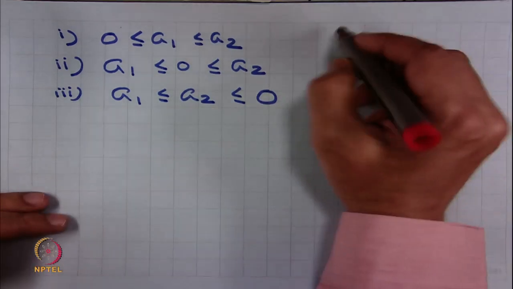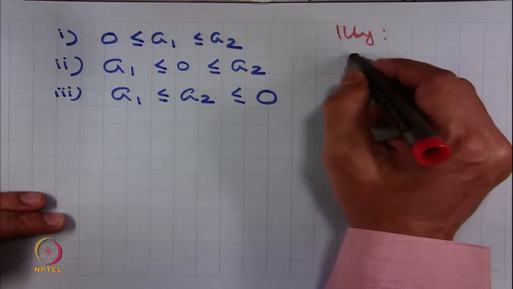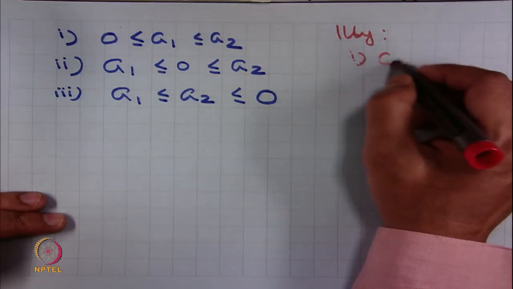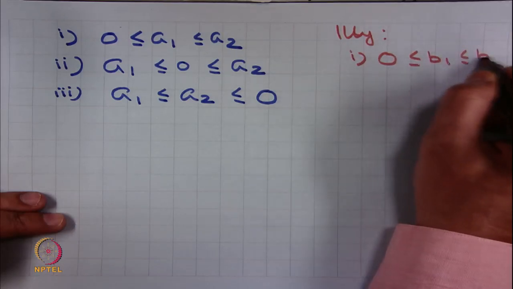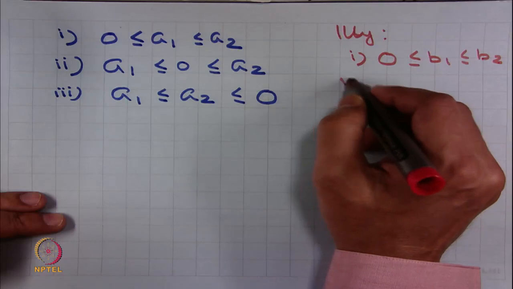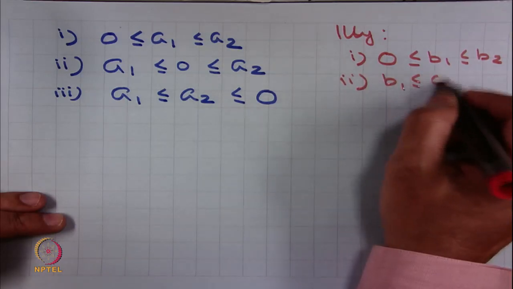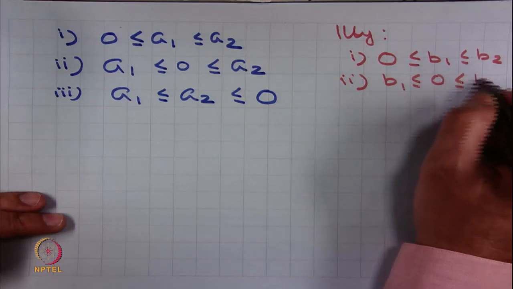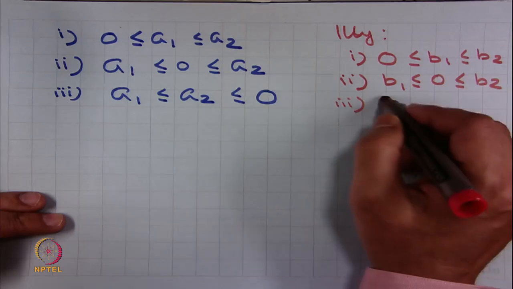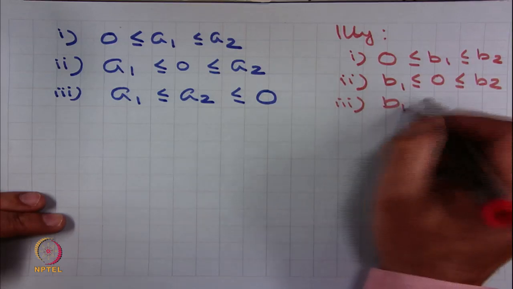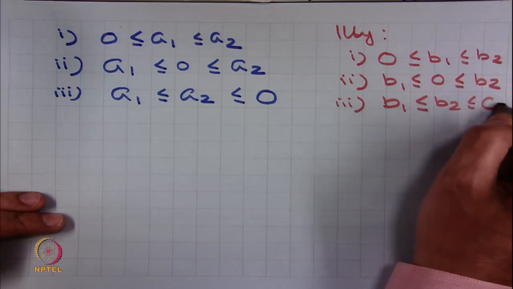Similarly, we have three possibilities: 0 less than or equal to B1 less than or equal to B2, B1 less than or equal to 0 less than or equal to B2, and thirdly B1 less than or equal to B2 less than or equal to 0.